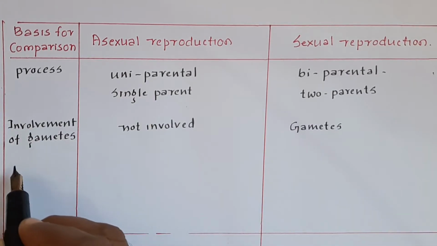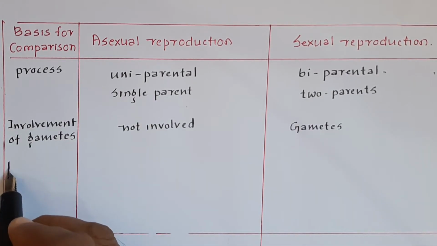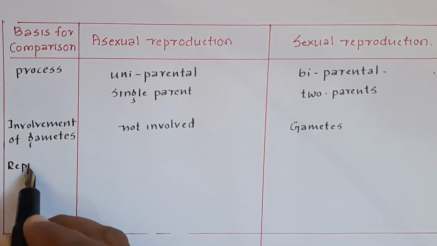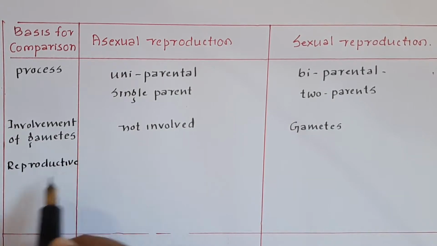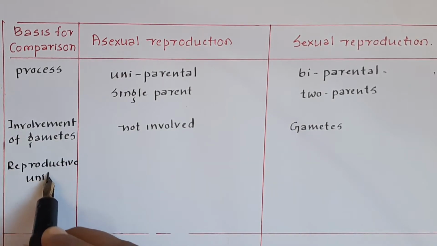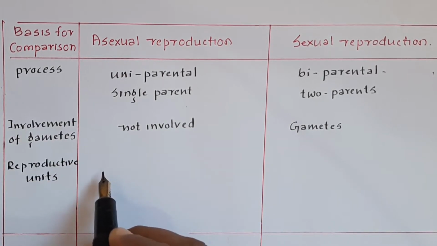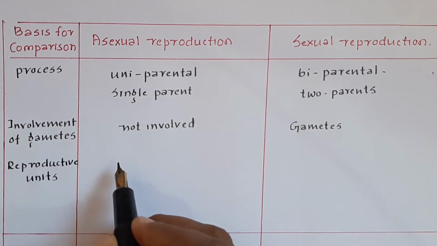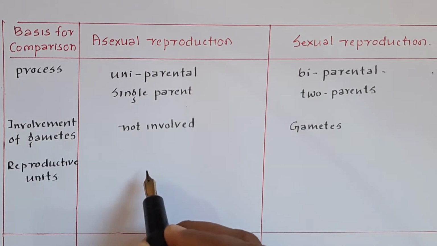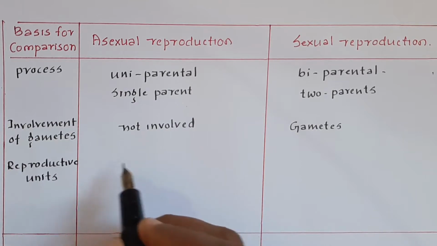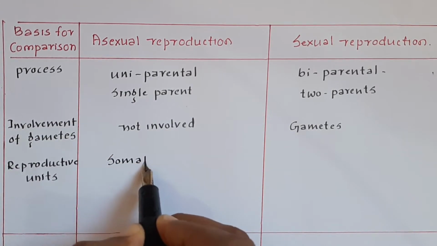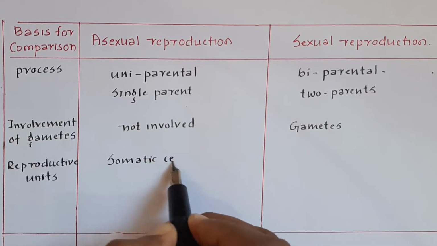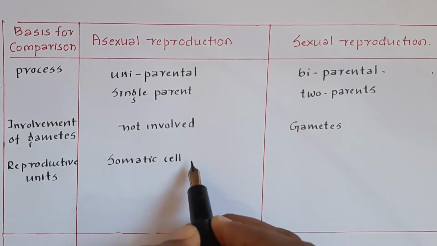Then reproductive units. On the basis of reproductive units, we can differentiate in this way. Here, reproductive units are somatic cells. These cells are not sex cells, these are found all over the body.